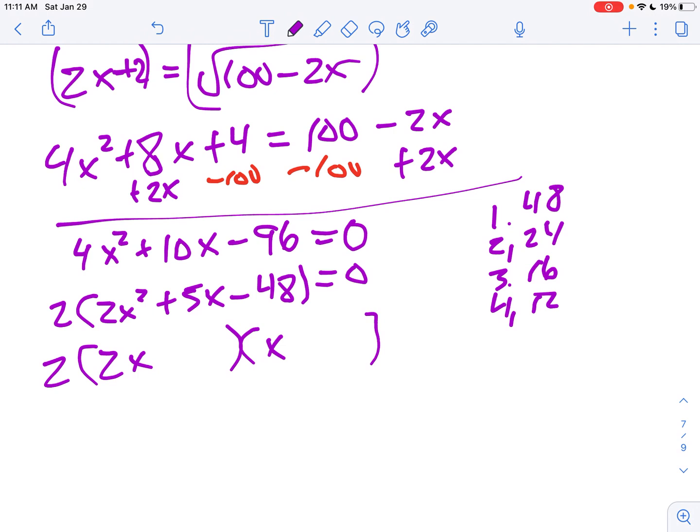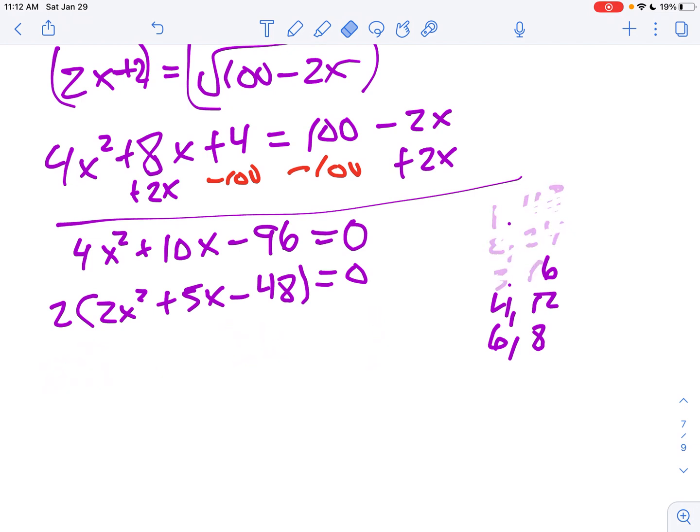And minus, so I don't think this is going to work then. How about 6 and 8? So I get 2 times 6 is 12. Nope. 2 times 8 is 16. Minus 6 is 10. I don't think I can factor this one, at least not in my head.